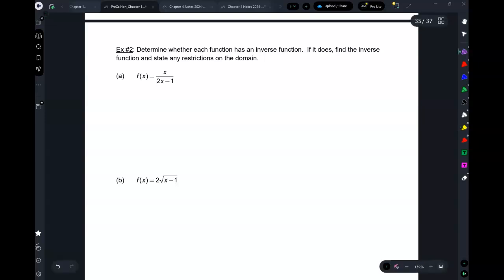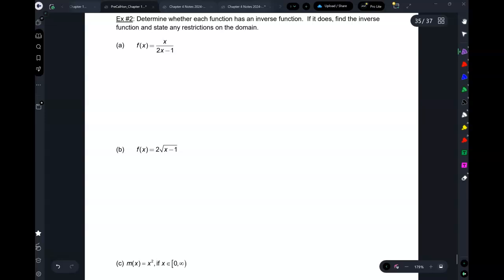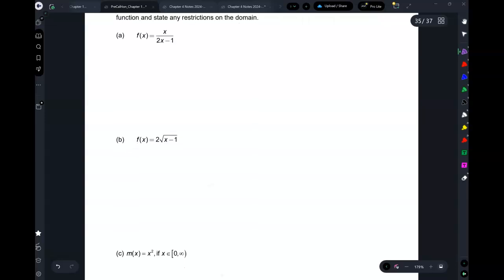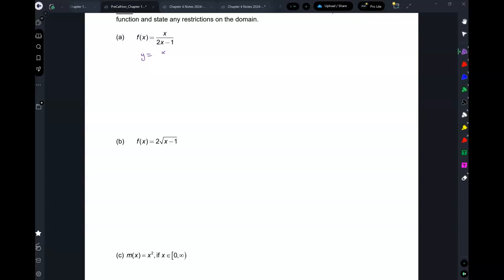Okay, let's take a look at this. This one actually does have an inverse, so let's go ahead and find it. First let's write this as y equals x over 2x minus 1. We're going to swap x's and y's. I'm going to cross multiply, and then let's distribute.